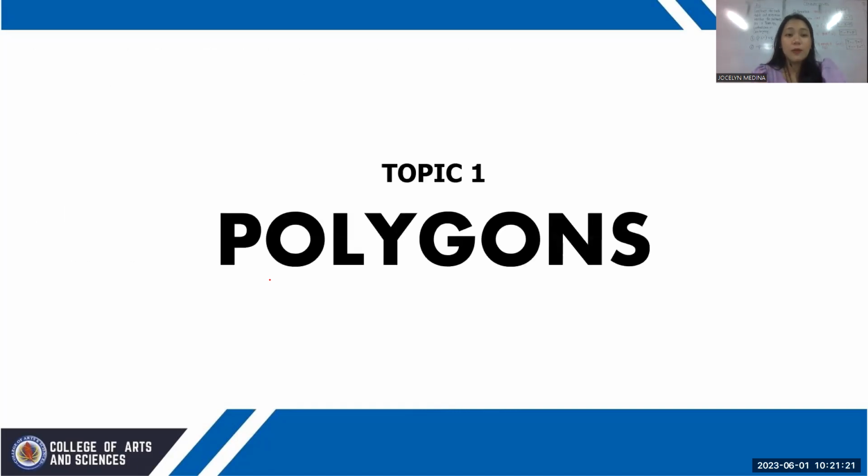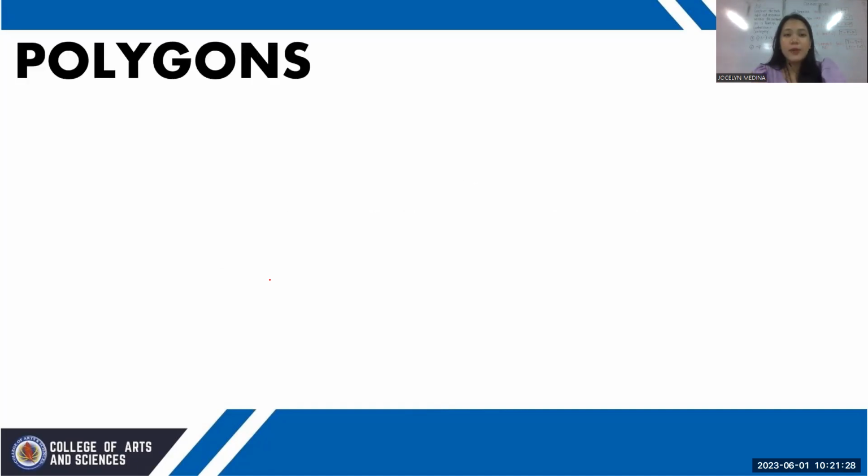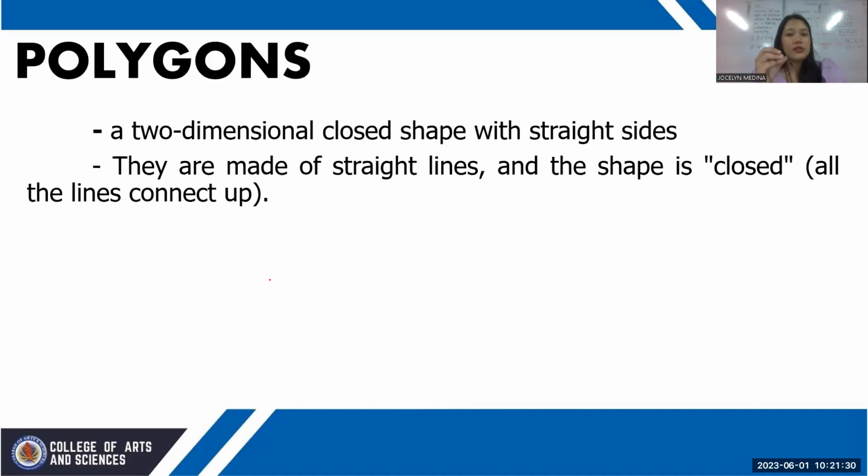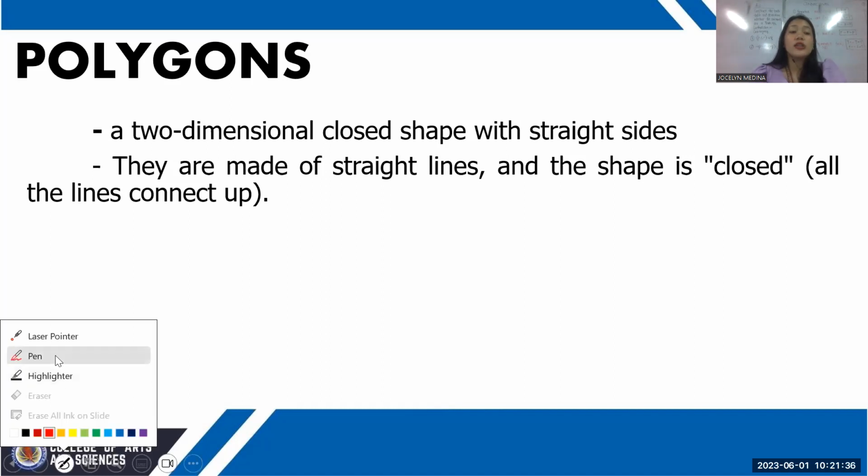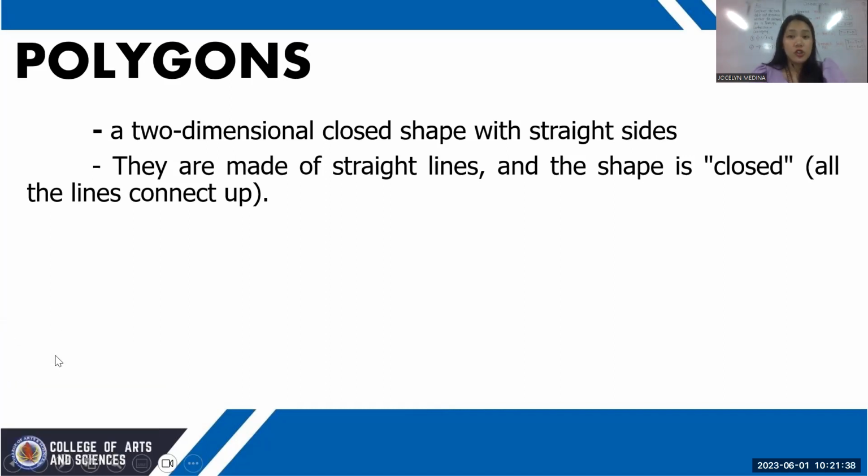So, let's start with the basic one. Between the two, mas basic si polygon. So, pag sinabi nating polygon, this is what you need to remember. Polygon is just a two-dimensional closed shape. Ang kailangan nyo lang i-remember are those three words.